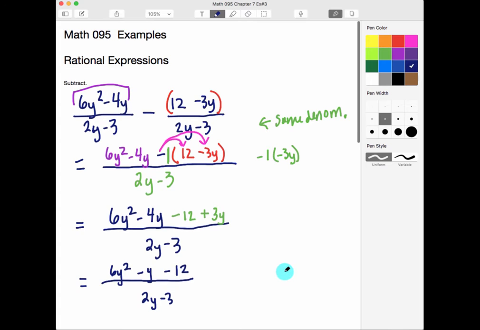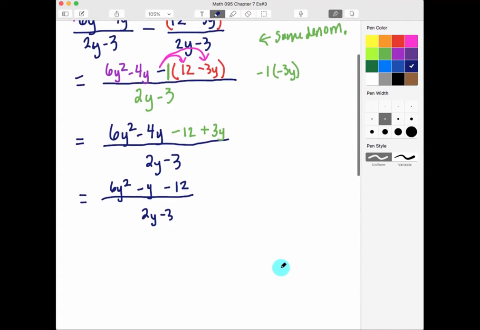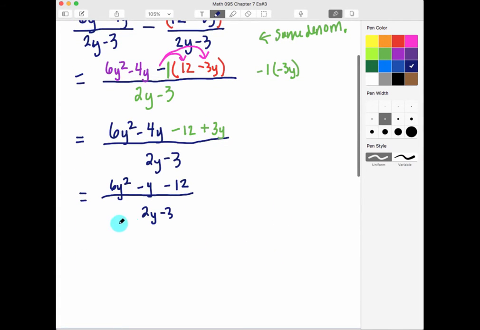So my goal is to simplify this after subtraction. So let's keep on simplifying. Let's write down our denominator again, 2y minus 3. I notice that the numerator might be able to be factored, so I'll set out two sets of parentheses and see what I can do. Now there is a little bit of a hint here.